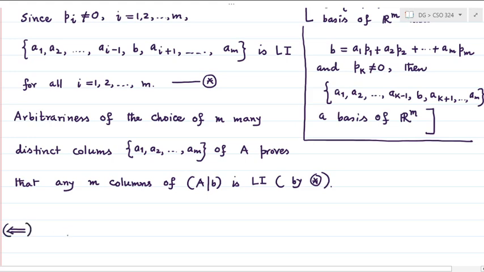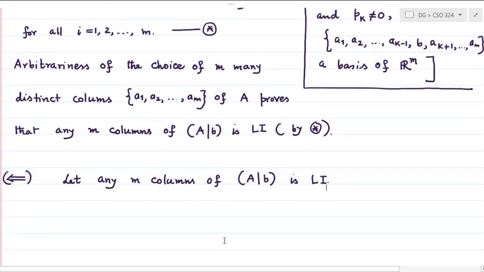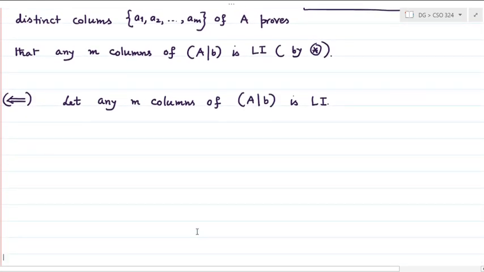So let us suppose any m columns of the augmented matrix are linearly independent.